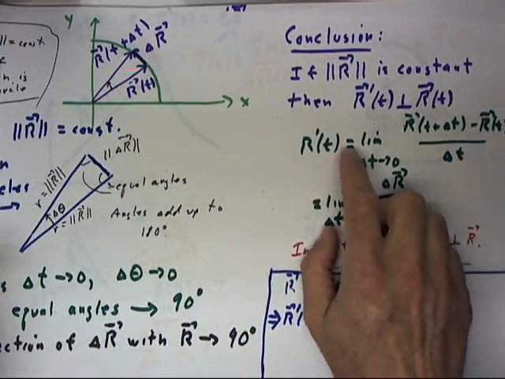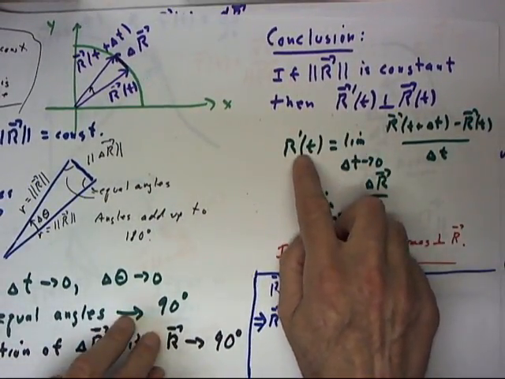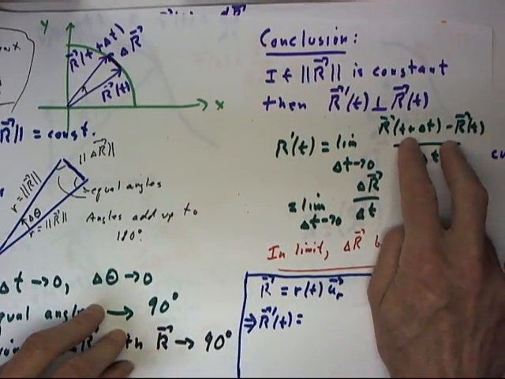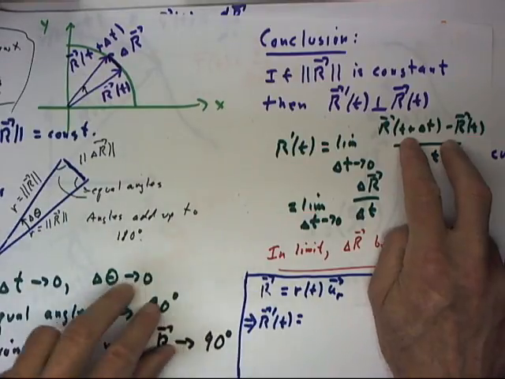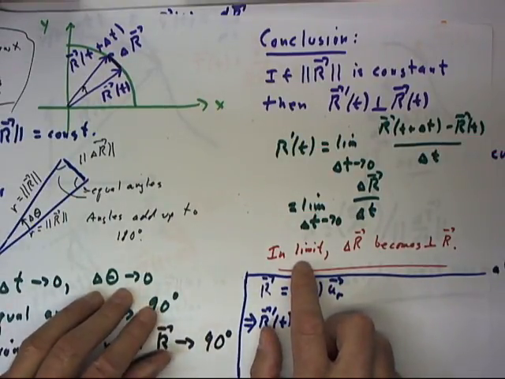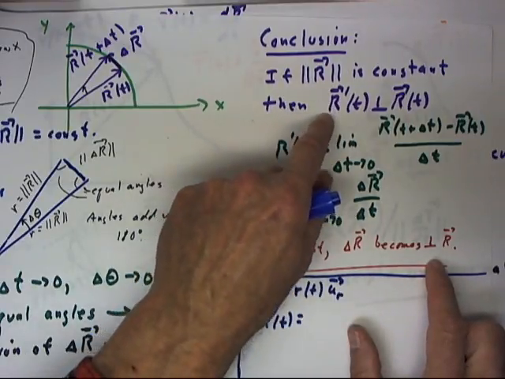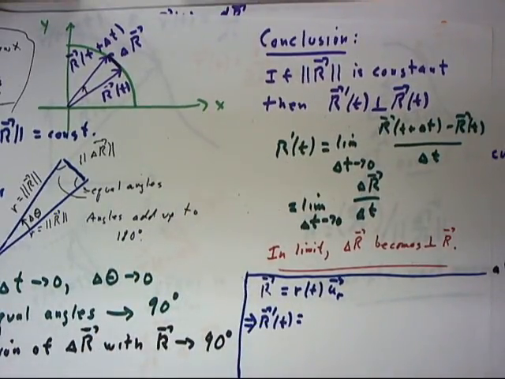And since r prime of t is the limit of the difference quotient, this difference being the delta r vector, in the limit, delta r becomes perpendicular to r, so that r prime of t is perpendicular to r.